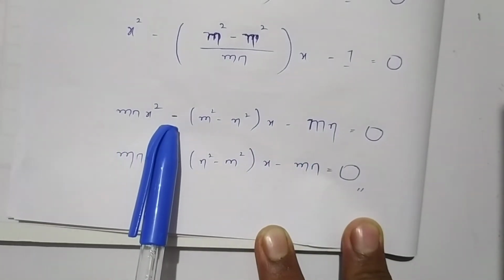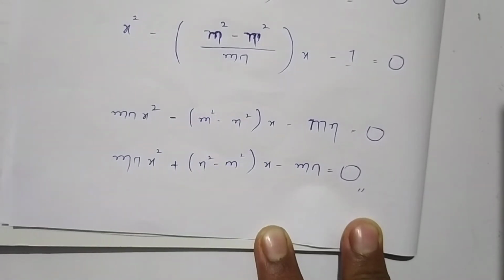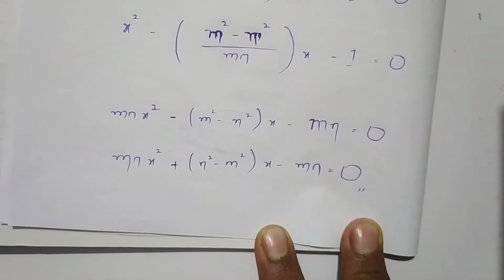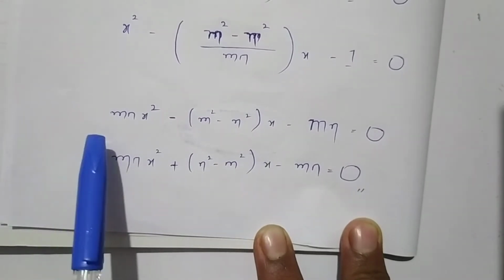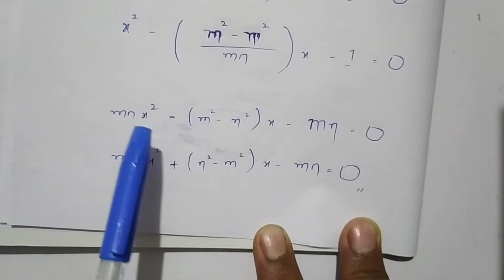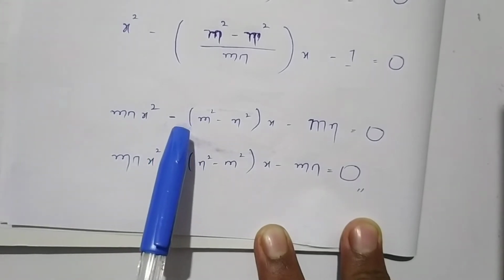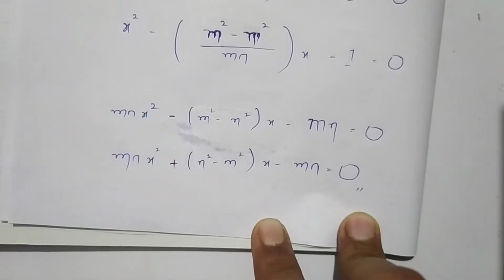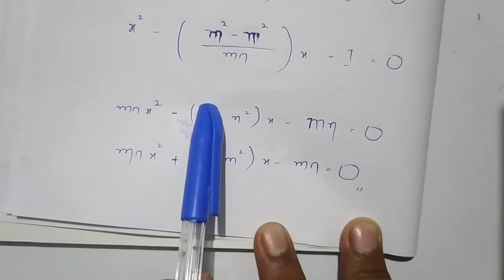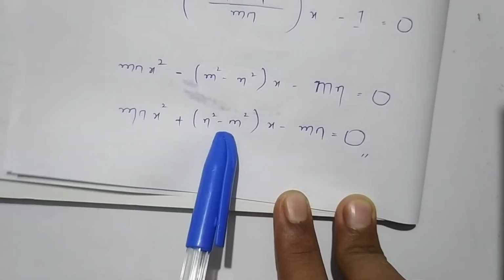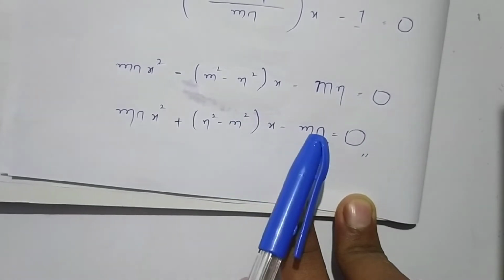When we multiply the minus into the whole number, we will get the value as mn into x square plus (n square minus m square) into x minus mn is equal to 0.